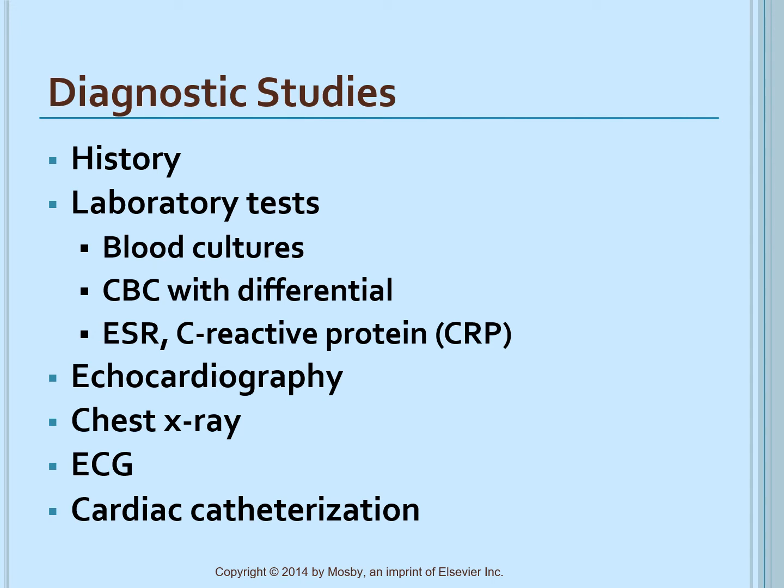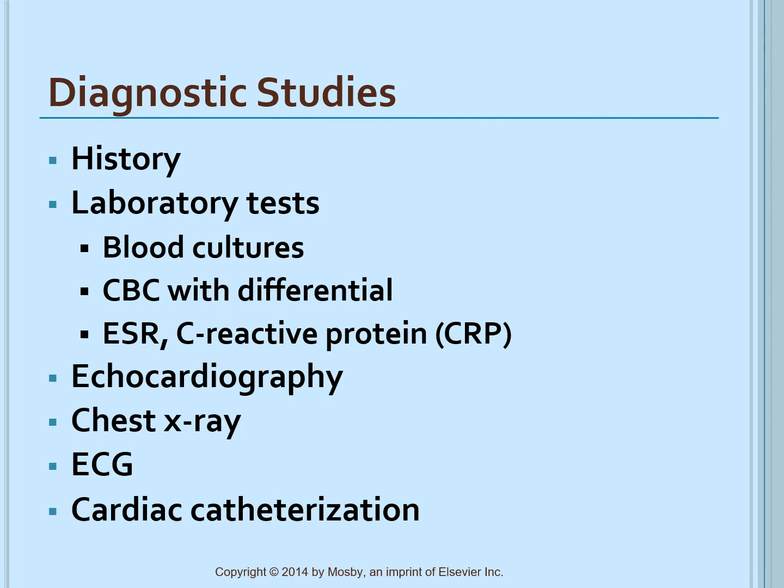On chest x-ray, we could see if there's any cardiomegaly, or we could even see if there is a lung infection that could potentially be the cause of our IE. An ECG could show some electrical disturbances if our valves have been affected.